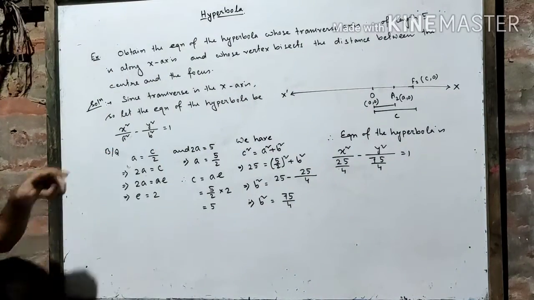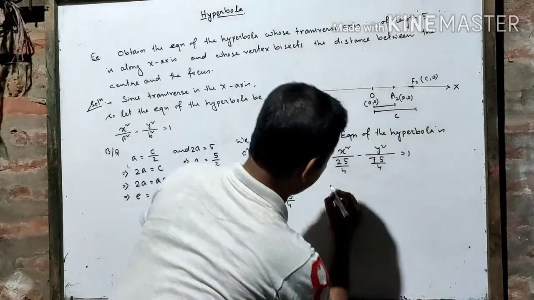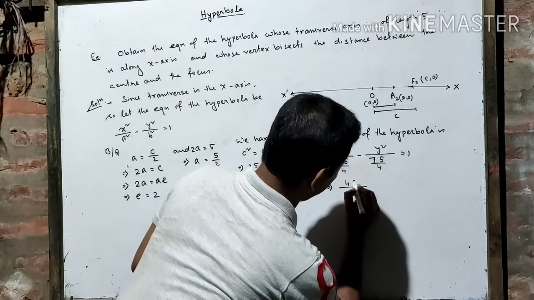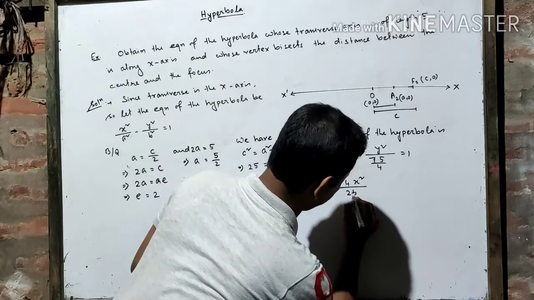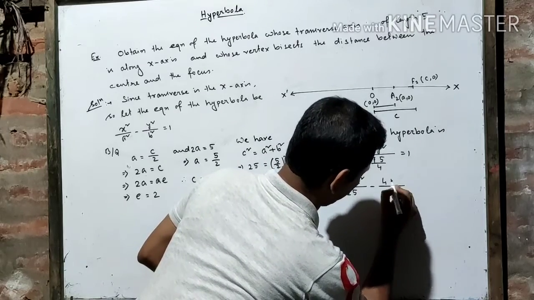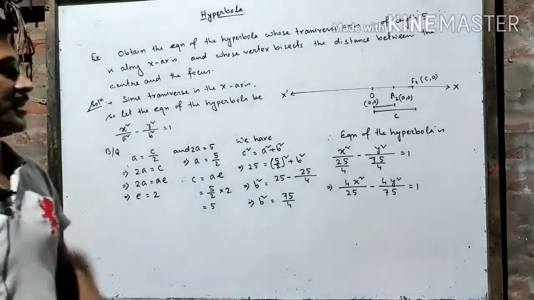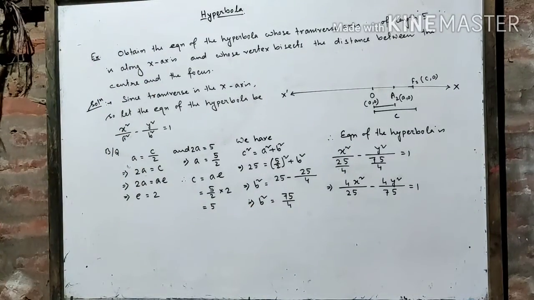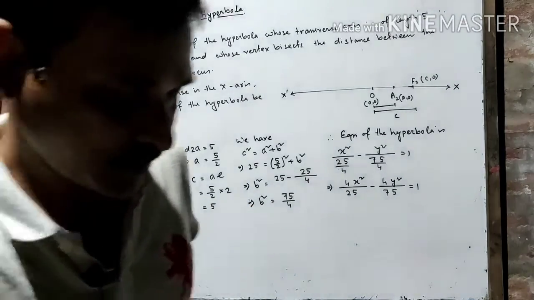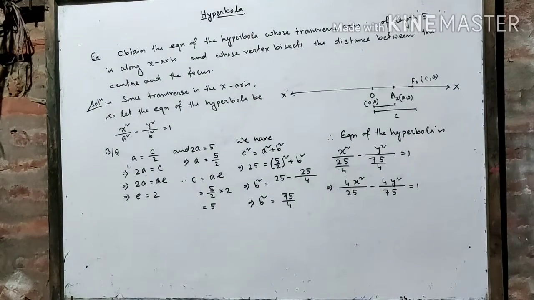Just putting the values of a square and b square here. This implies 4x square by 25 minus 4y square by 75 is equal to 1. So this is the required equation of the hyperbola.